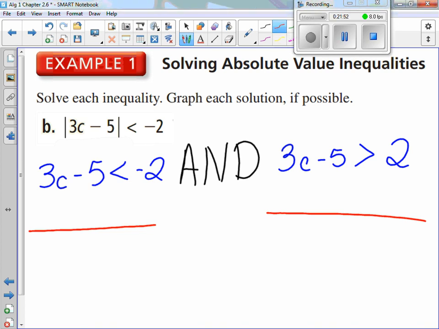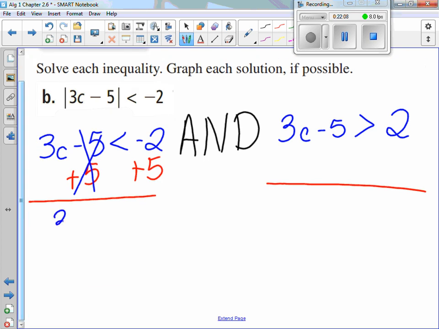We need to add 5 to both sides, because to get the variable by itself, it's going to be easier to add 5 first. So when we add 5, these two cancel out, leaving us with 3c.